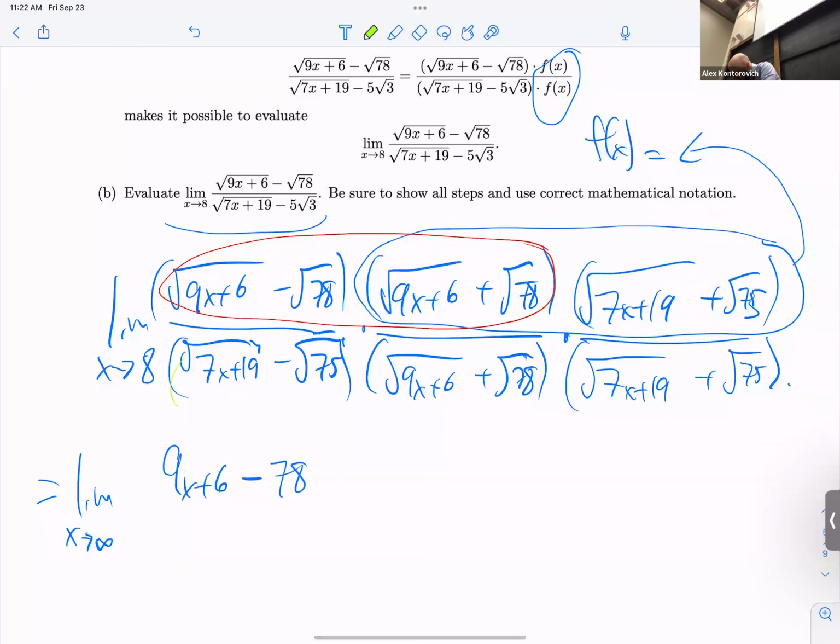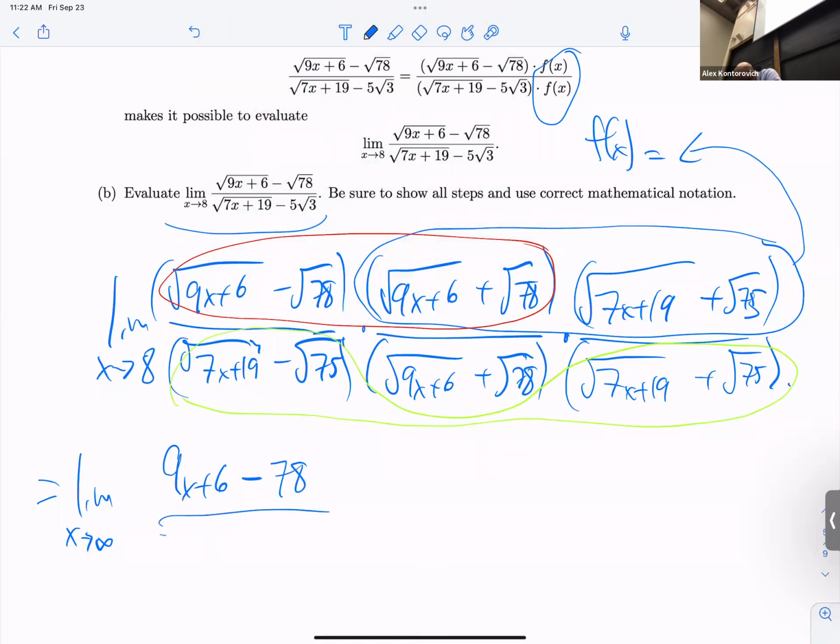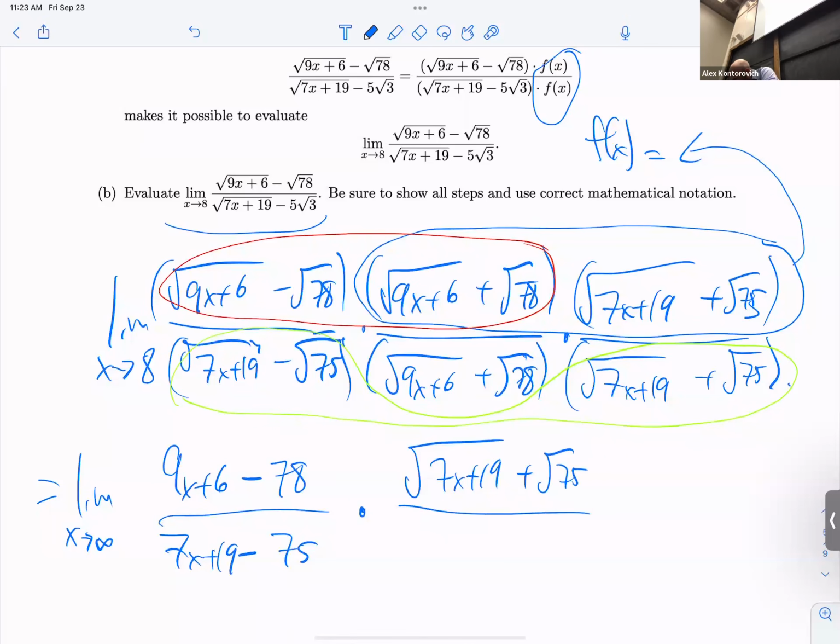If I take this and this together, that's going to be 7x plus 19 minus 75. Okay, so that's those two parts. And then I have these two parts left over, which is root 7x plus 19 plus root 75 divided by root 9x plus 6 plus root 78.